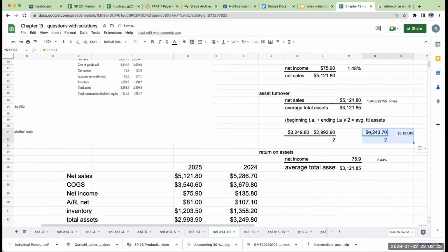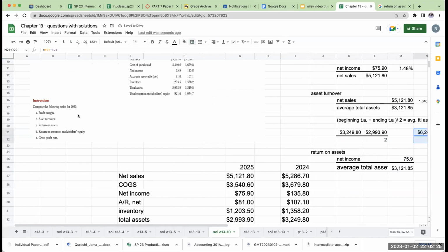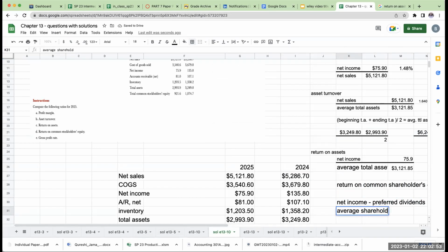Okay. Next one I'm being asked to do after return on assets is return on common shareholders' equity. And let's see what that one is. This is going to be my net income minus my preferred dividends divided by my average shareholders' equity.